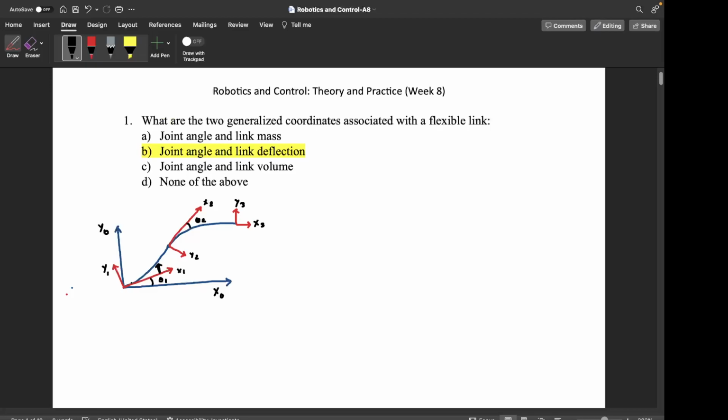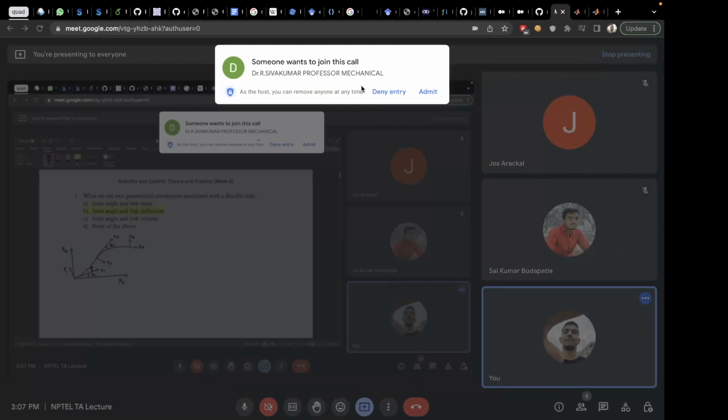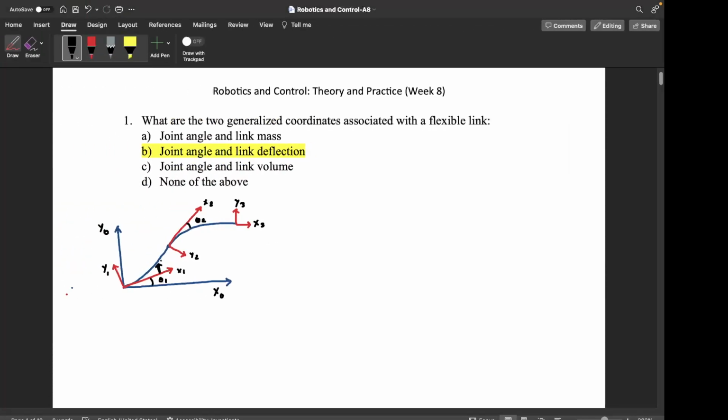But since this is a flexible link, there is a deflection from that x1 axis, and the deflection varies depending on the point at which we are trying to compute it. So the deflection is not constant. It is less closer to the base and more away from the base. This deflection is denoted by W1 and is a function of x1.